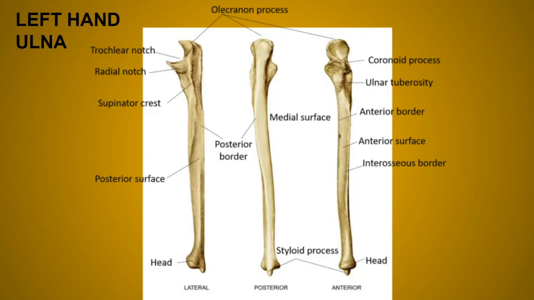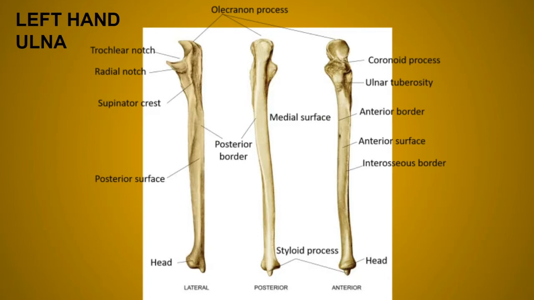The ulna has the lateral border as the sharpest border, and these two borders, the lateral border of the ulnar bone and the medial border of the radius bone, are joined together by the interosseous membrane. Also remember the pointed styloid process of the ulnar bone lies posteromedially to the rounded head of the ulna at its lower end.